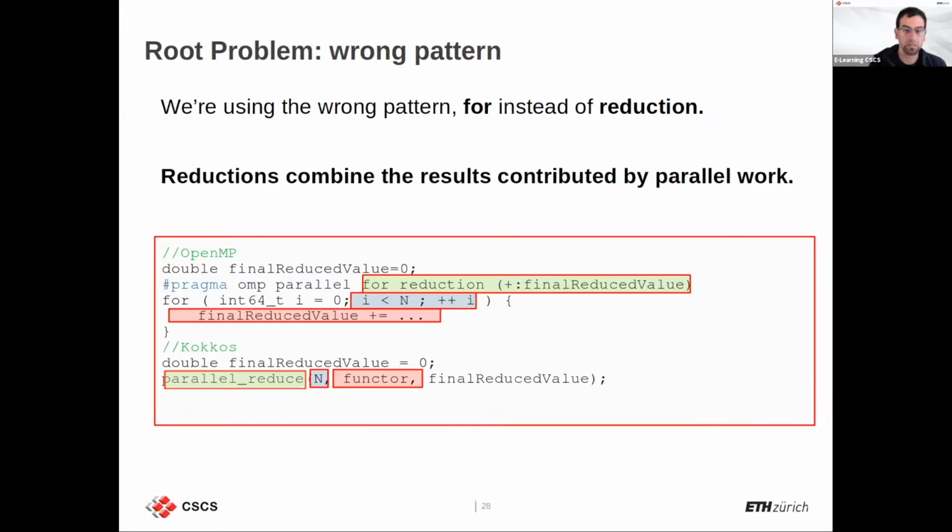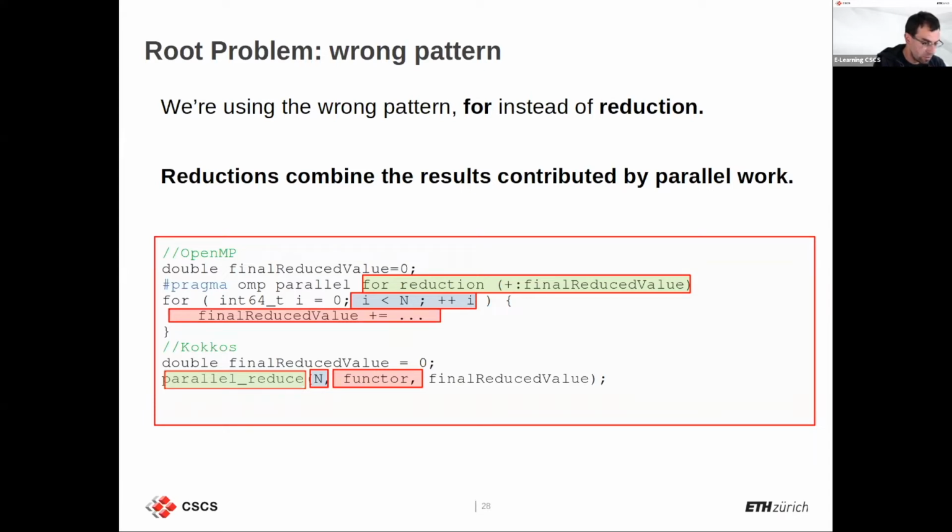This pattern is reduction, which you have probably seen before, where reduction combines the results of what has been calculated before by the parallel work. So again, we can see two examples, with OpenMP and with Kokkos, where we use this different parallel pattern.